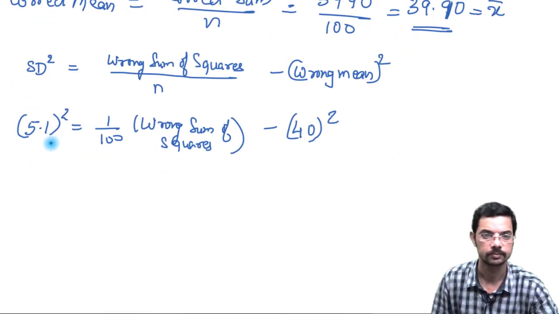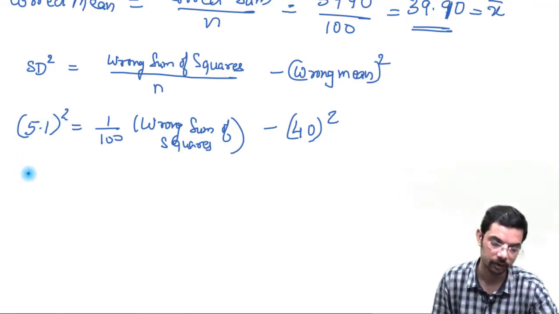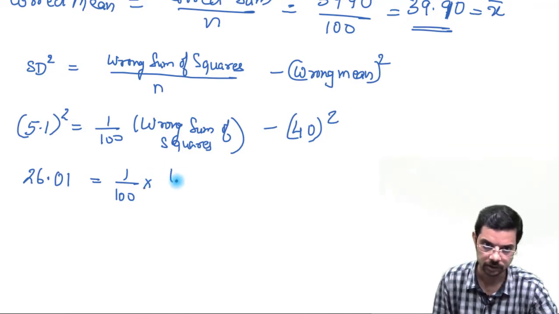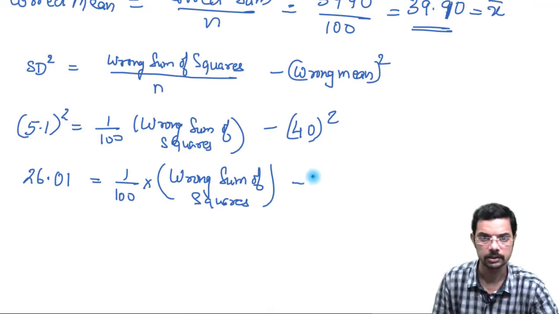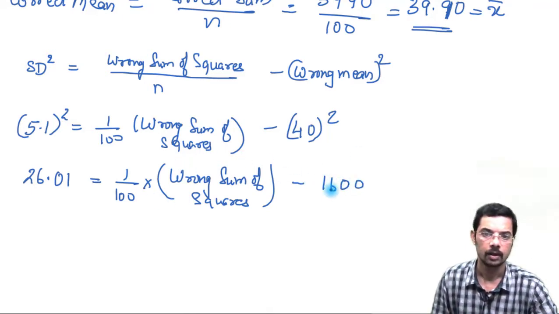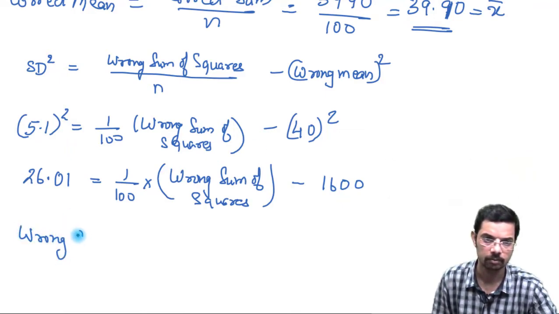Now the next thing is we need to calculate the values. What is 5.1 whole square? 5.1 whole square is 26.01. That is equal to 1 by 100 into wrong sum of squares, minus 40 square, which is 1600.